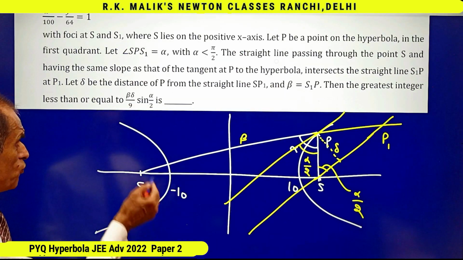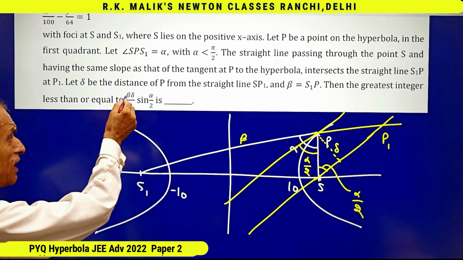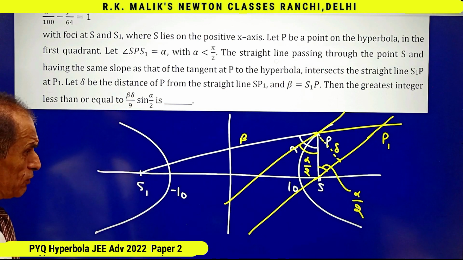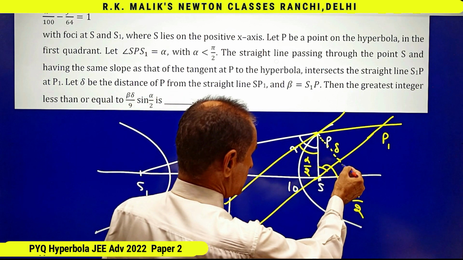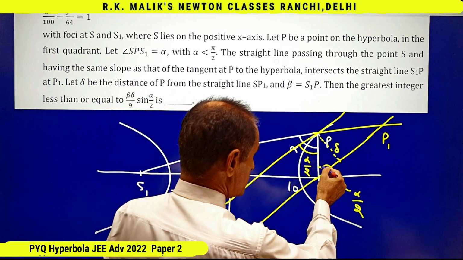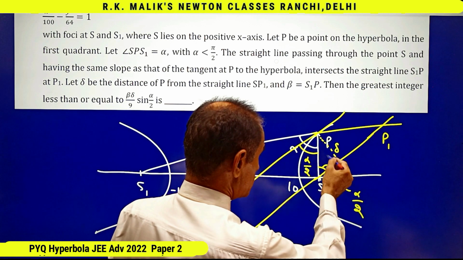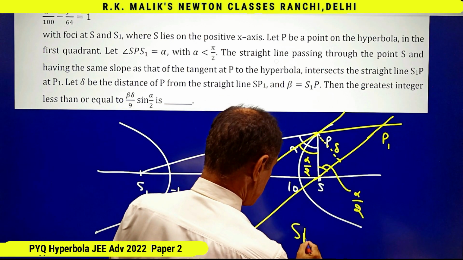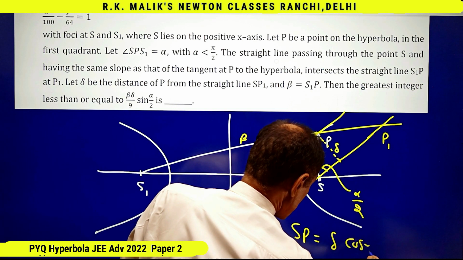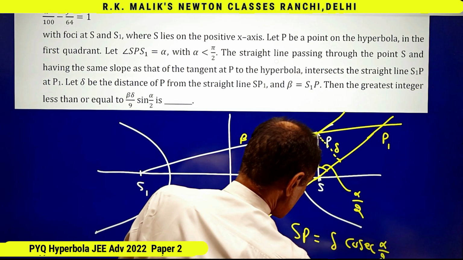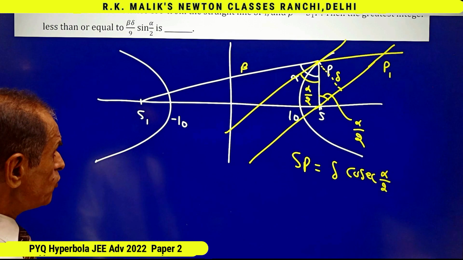And our question is to find the value of beta delta by 9 sine alpha by 2. It is clear that if this length is delta, this angle is alpha by 2, then SP will be delta cosec alpha by 2.